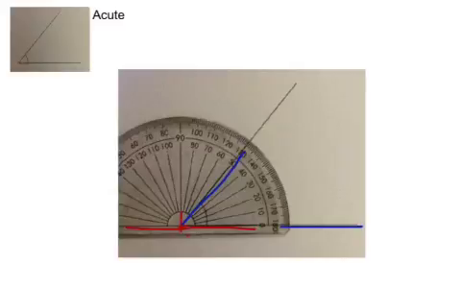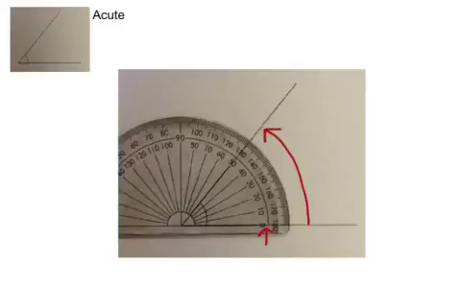Now, the next thing is we need to read the scale. So, how do you do that? Well, if I look at my protractor, the angle is starting here. I'm going to measure from here all the way around to there.